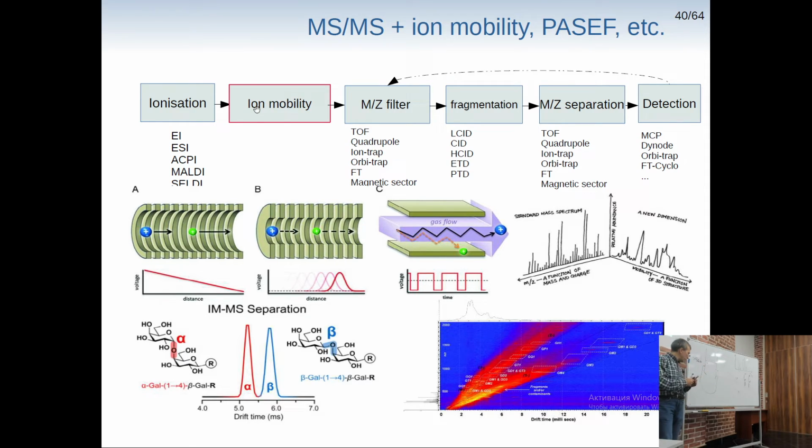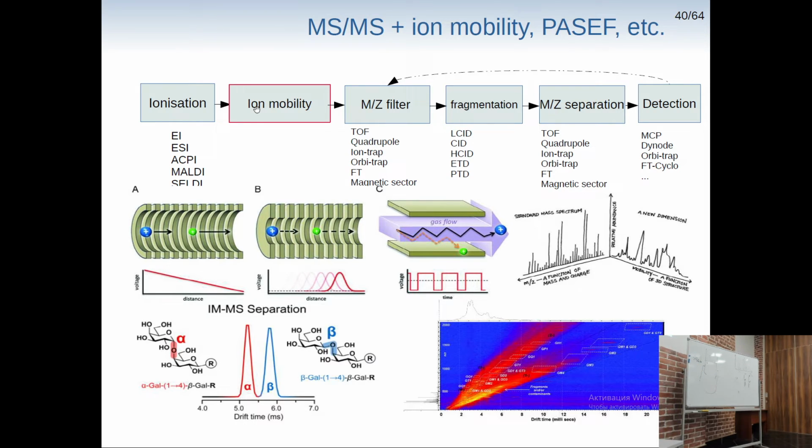If your, for instance, peptide has a really small cross-section, it can go through this gas without any problem. It will be fast enough. But if your peptide or protein has a bigger cross-section, it will take a lot more time to get through this gas. Of course, it could be gas, it could be an electric field, it could be different ideas, but the main idea is that the cross-section of your ion is what actually matters here.